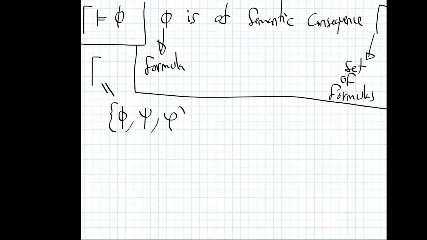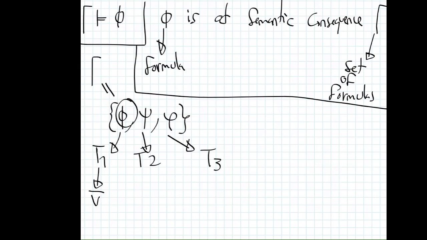Oh golly, okay. So this one has its own truth table, so it has truth table 1, truth table 2, and this one has truth table 3. For each of them, the semantics of each of these formulas, like this formula here and that formula, they have different semantics.